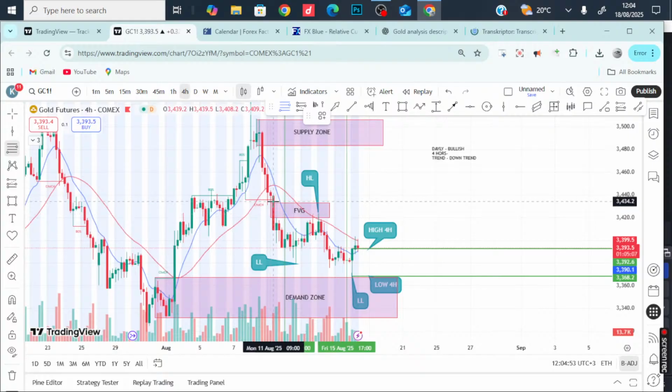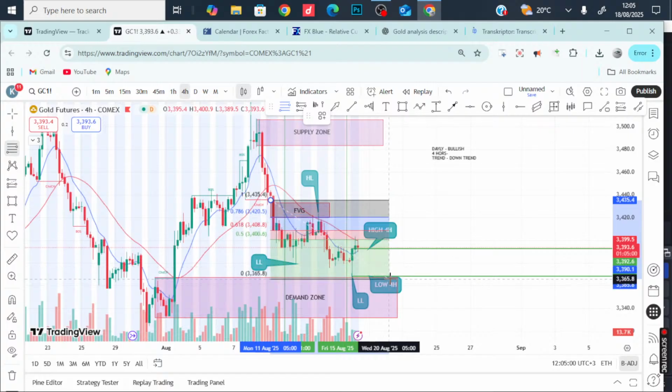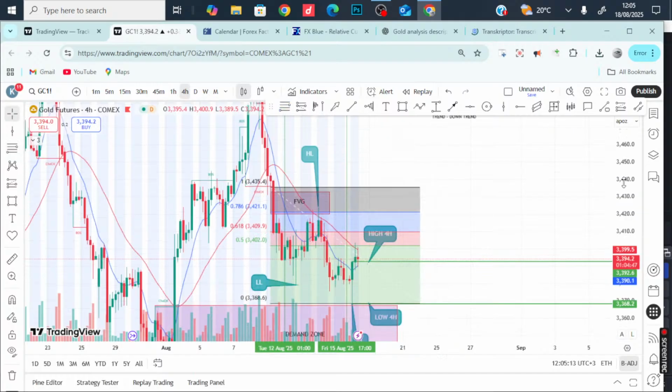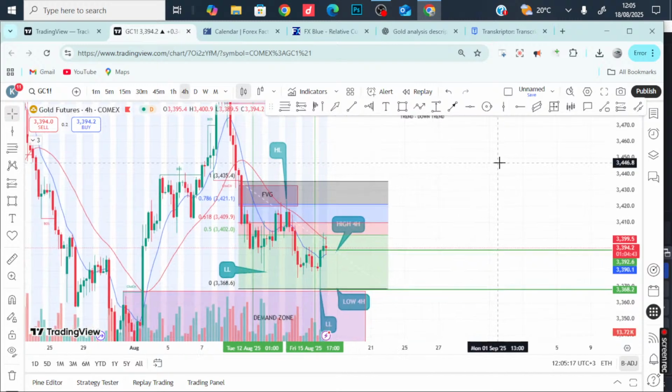We draw the Fibonacci from the change of character delivering state to the lower low place. Do you understand?